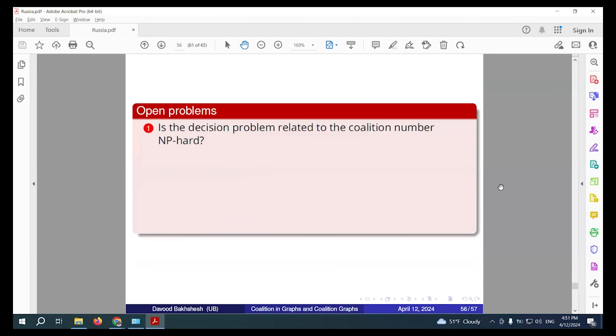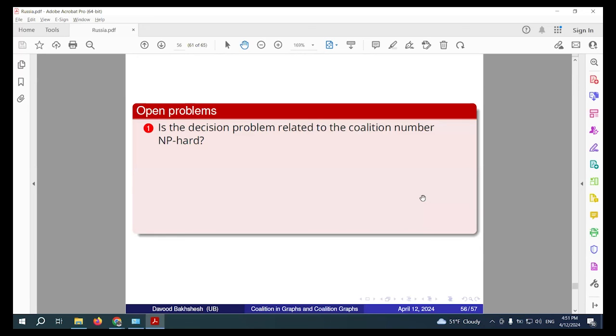Okay, in the last slide, we will present some open problems. The first open problem is the decision problem related to the coalition number. There is no result on this scope.